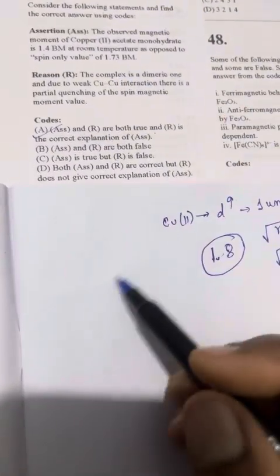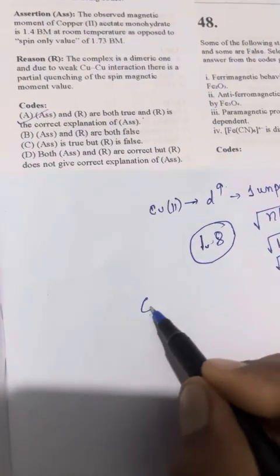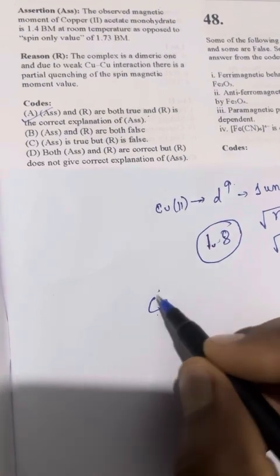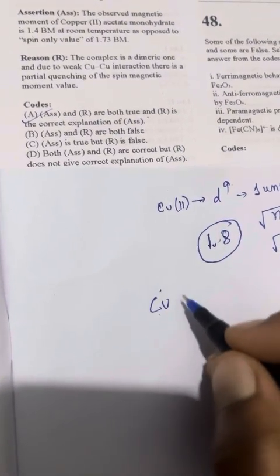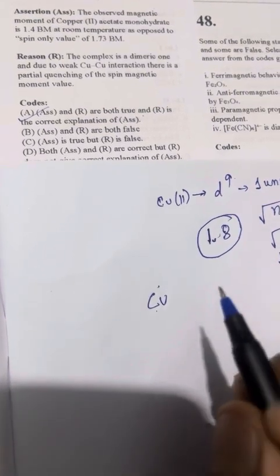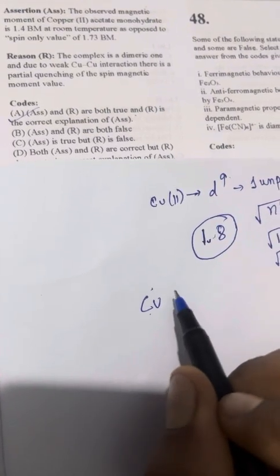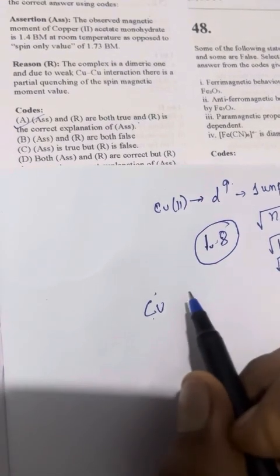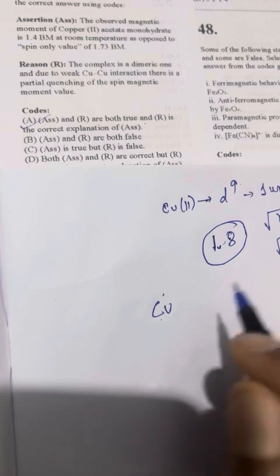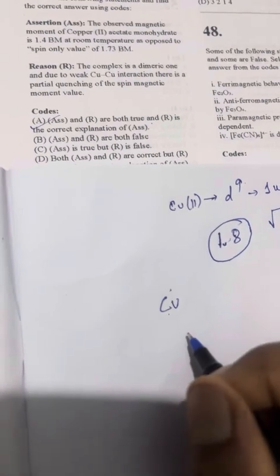But you see what happened here, copper acetate forms a dimer. Actually they form a dimer, and then there is a weak copper-copper interaction between them. As a result the value decreases. You remember this, okay?